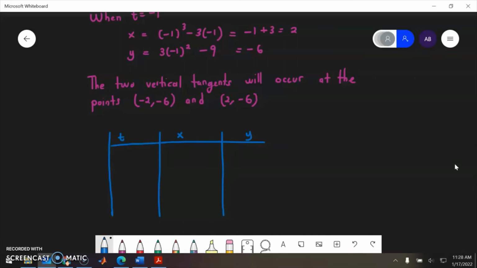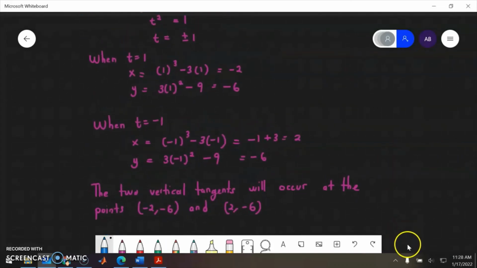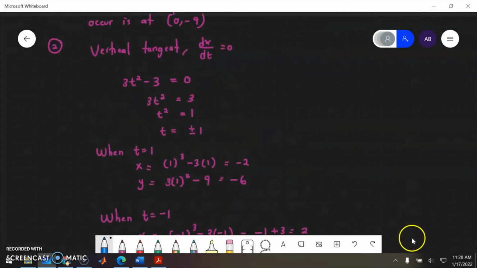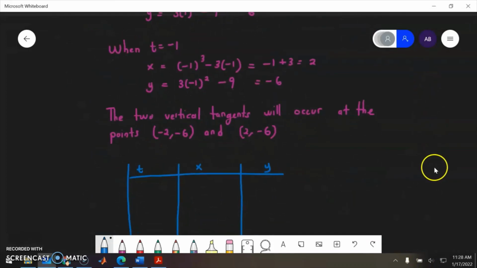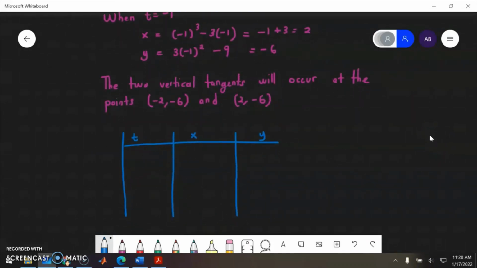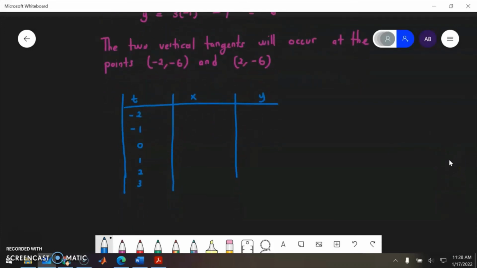Obviously for my t, I need to have negative t with the positive t. So I have 1, minus 1 and 0. So let's start with minus 2, minus 1, 0, 1, 2, 3. Okay, let's do 3 first.